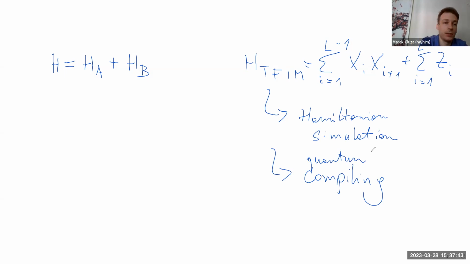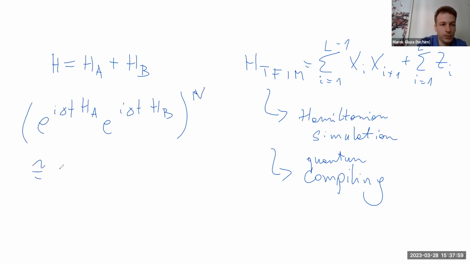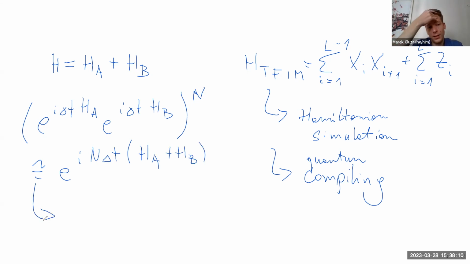But the most important question that almost everybody will at some point see in some quantum research or projects and so on, is that this is approximating e to the minus i n times delta t (H_A plus H_B). And now one thing that I will show in the upcoming videos is what is the error.